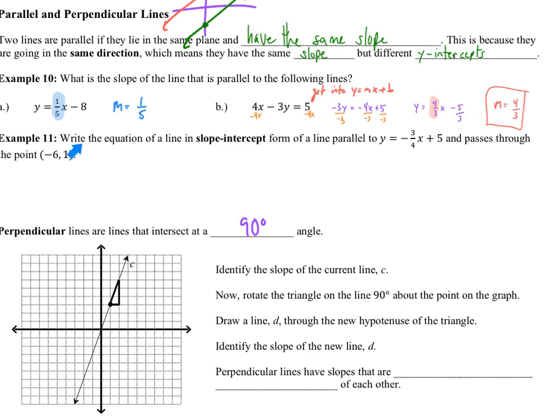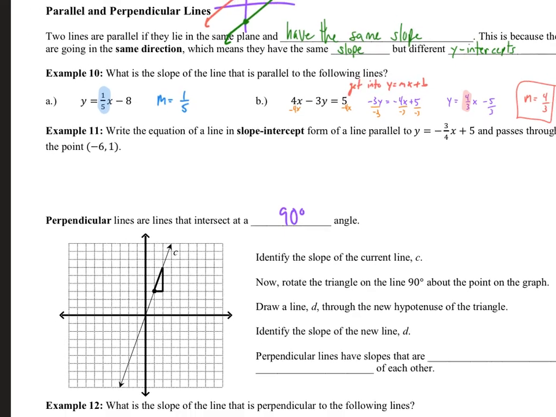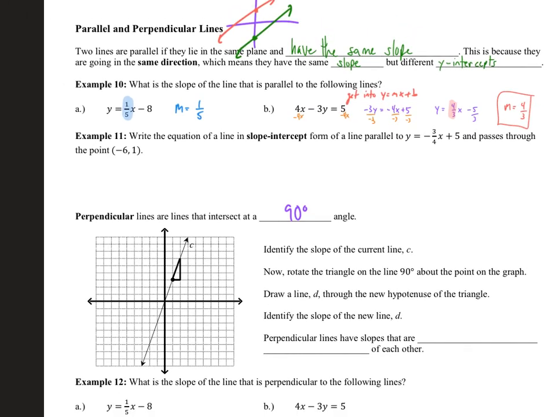Okay. Write the equation of a line in slope-intercept form, parallel to this line, but passes through this other point. So they're giving us one line. Again, to kind of picture what's going on here, it says the y-intercept is 5, has a negative slope, so this line is going to look something like this.